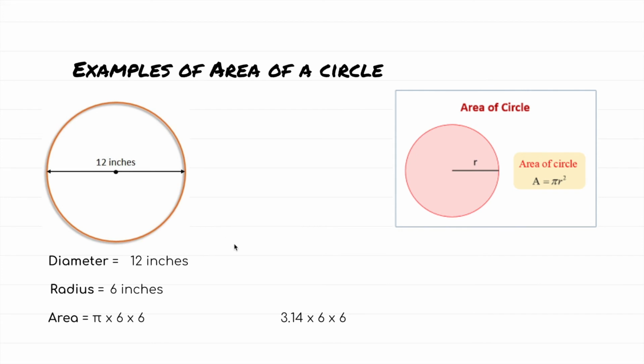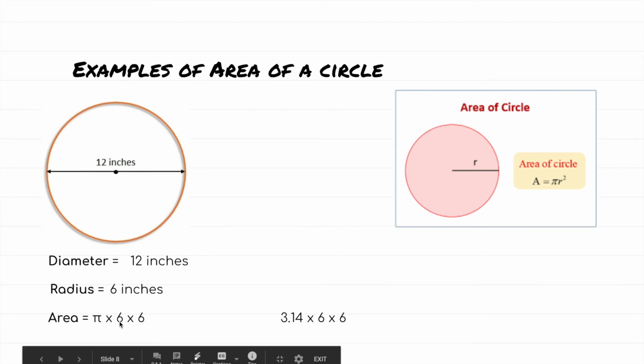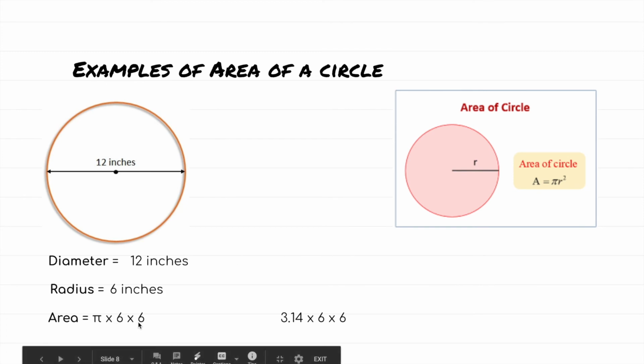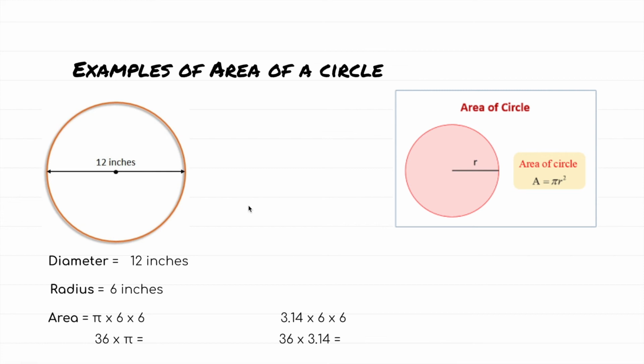So the area is going to be pi times 6 times 6, or 3.14 times 6 times 6. If we multiply the 6 together, we end up getting 36 times pi, or 36 times 3.14.